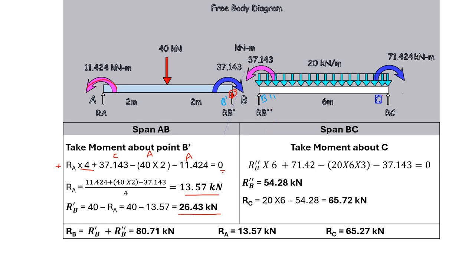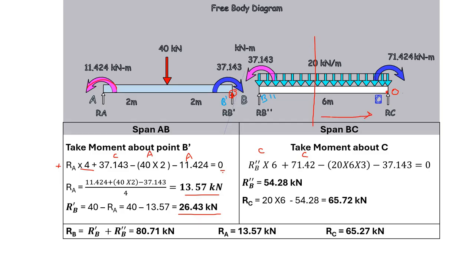Then you take the span B double dash C, and in this span you take moment about this point and equate it to 0. So RB dash into 6 is clockwise, 71.424 is clockwise, and the UDL, 2 into 6, is multiplied by the centroid, which is 3 meters.